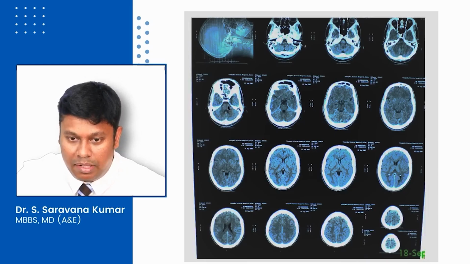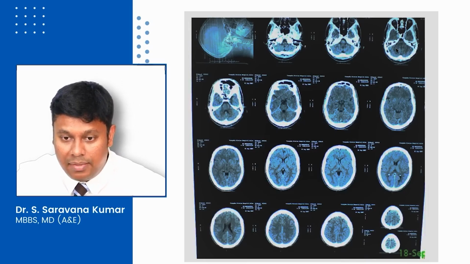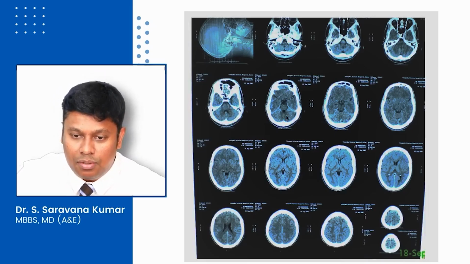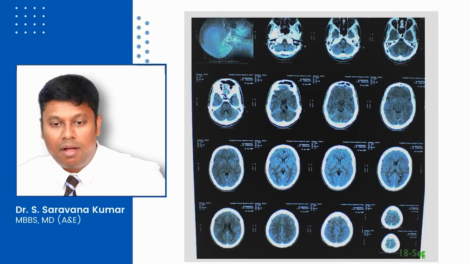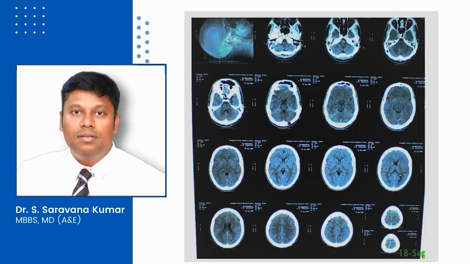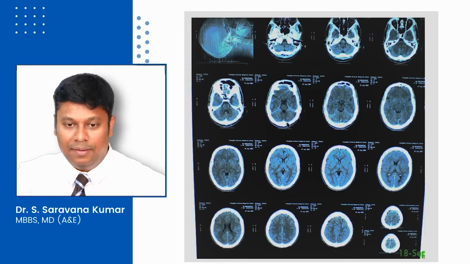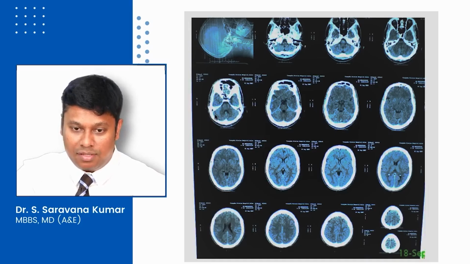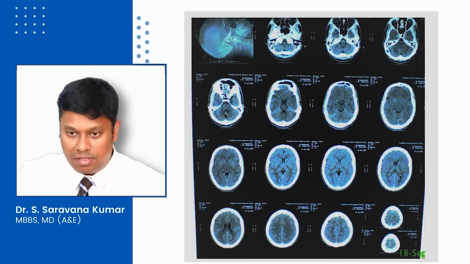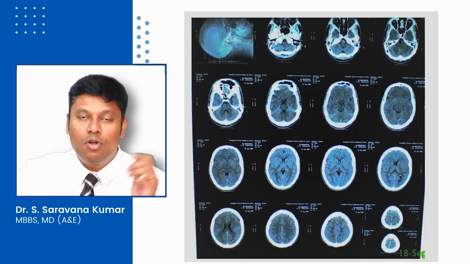This is also probably pons. But when I go to the next image, I can clearly see there is no tooth-shaped structure or middle cerebellar peduncle. So that means we have come above pons. Now it's quite easy for us to understand. You have identified pons, so this slice is of pons. If this slice is of pons, what do you think is going to be before pons in a CT scan?